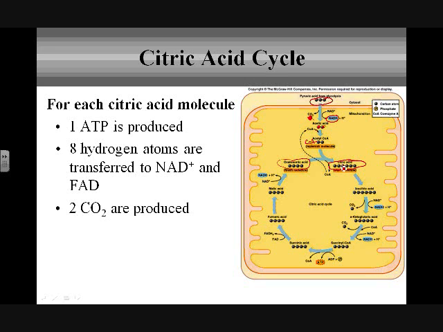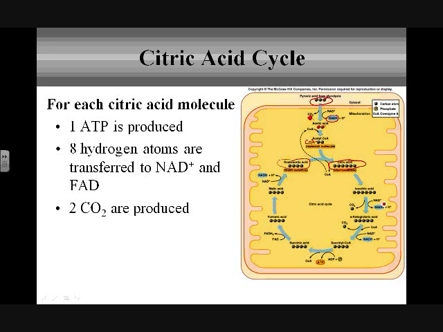And then basically what's happening is that the 6-carbon molecule is going through a series of reactions as it moves through the cycle. Oftentimes it's losing a carbon molecule in the form of carbon dioxide. Sometimes it's giving off electrons and hydrogens for the NADH molecules to be formed.